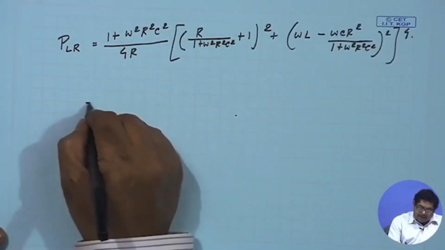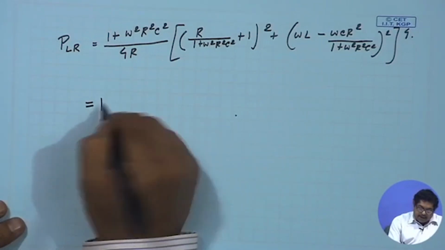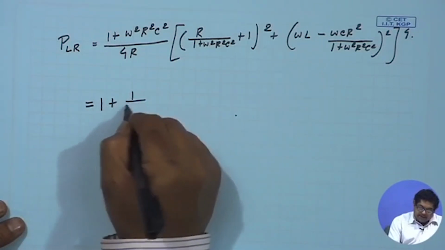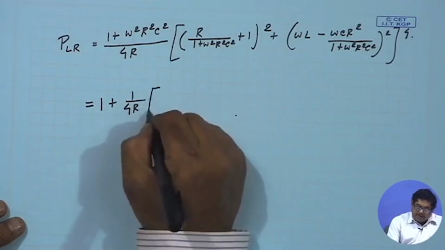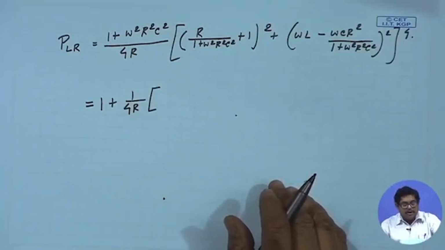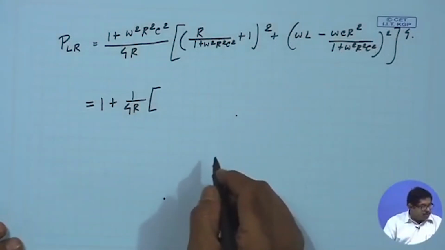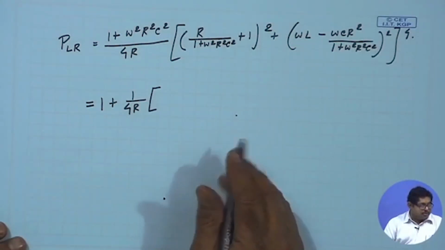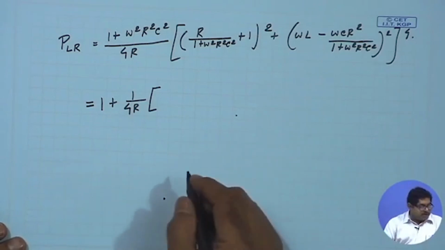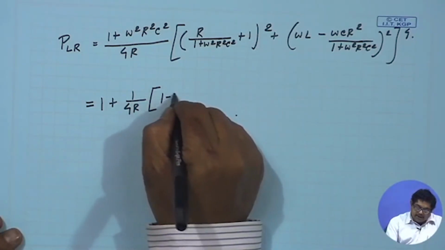Now, this we can simplify a little bit, because ultimately my actual PLR, the Butterworth PLR, is 1 plus omega 4th. So, let me write it in terms of omega square, omega 4th and omega independent terms. If we do that, you will get it like this.